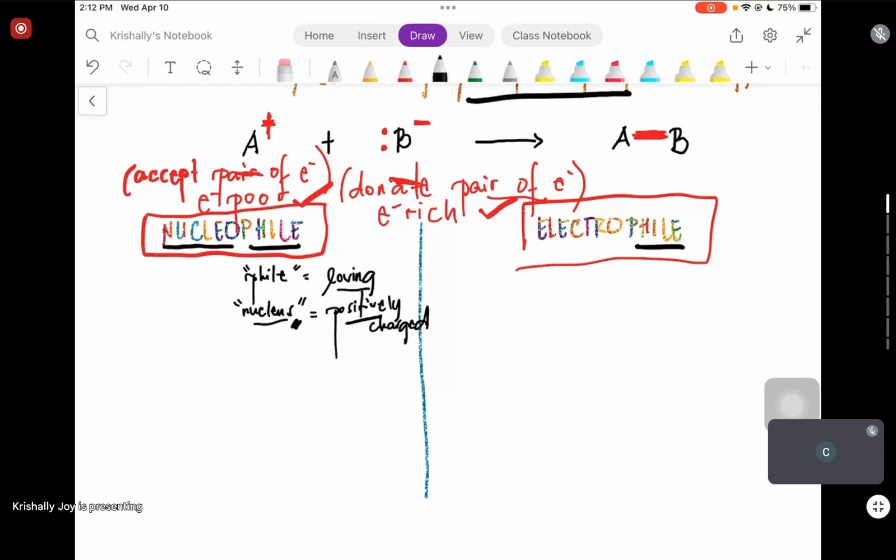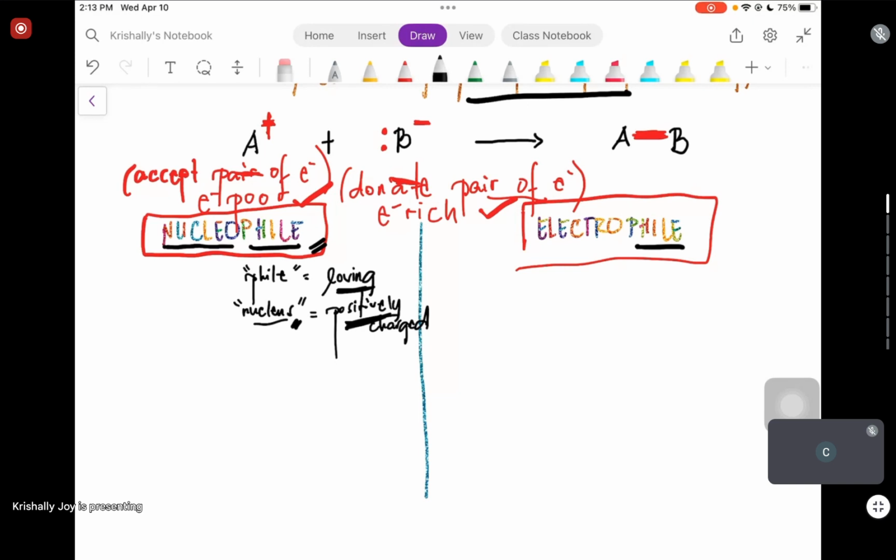So meaning to say, when we talk about nucleophile, it loves positive particles, or positive entities.